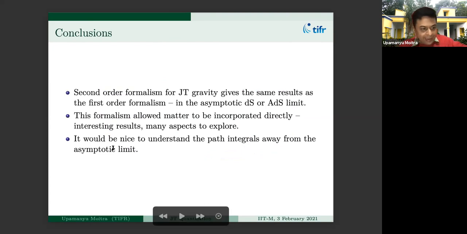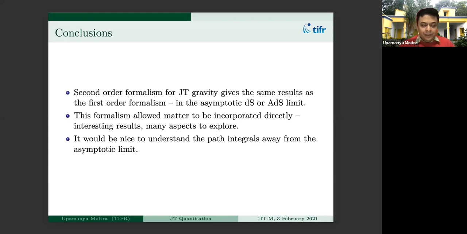So I am at the end of the talk. I'm sorry I took a little extra time. In conclusion, the second order formalism for JT gravity gives the same result as the first order formalism in the asymptotic dS or AdS limit. This formalism obviously allowed matter to be incorporated directly. There are interesting results, especially some divergences that appeared, which are interesting in themselves.